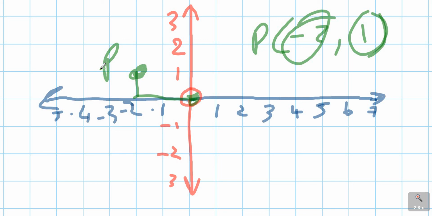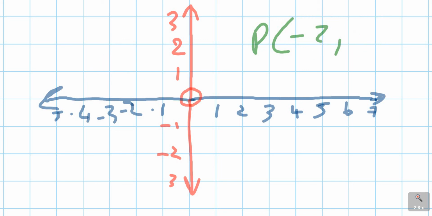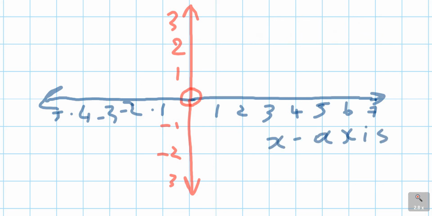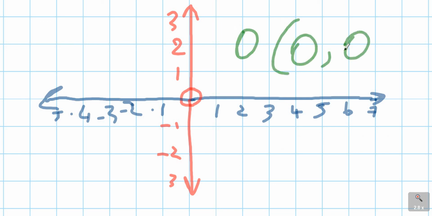That's simply it. But let us look at what if we had 0 on the x and 0 on the y. How would we actually plot this? Well, if you look at these coordinates, this point has 0 on the x and 0 on the y.